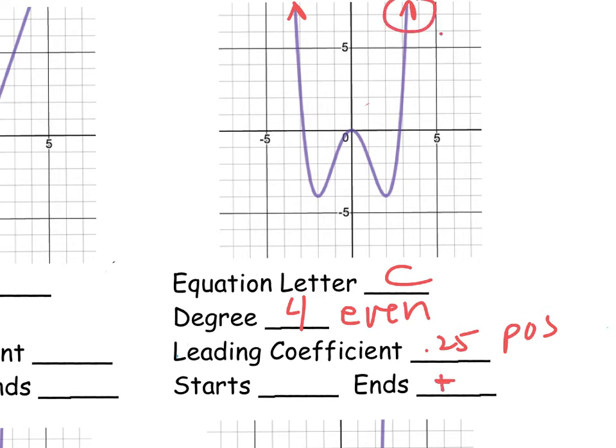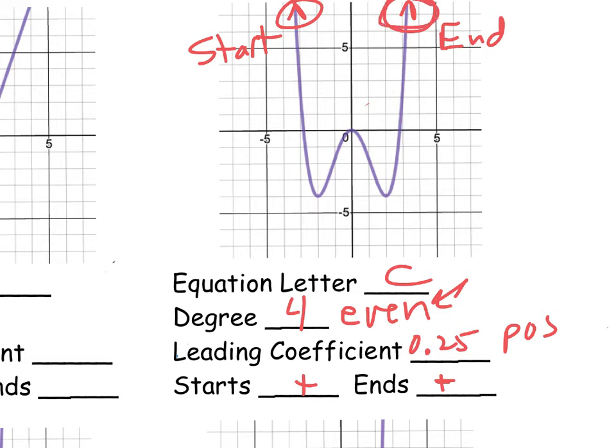So it needs to end positive, and you can see this is the ending side on the right, and this is the starting side on the left. It starts positive and ends positive. That's because it's even. If it's even, the start and end are always going to go in the same direction. If it's odd, they go in opposite directions. But because it's a positive 0.25, it ends positive.